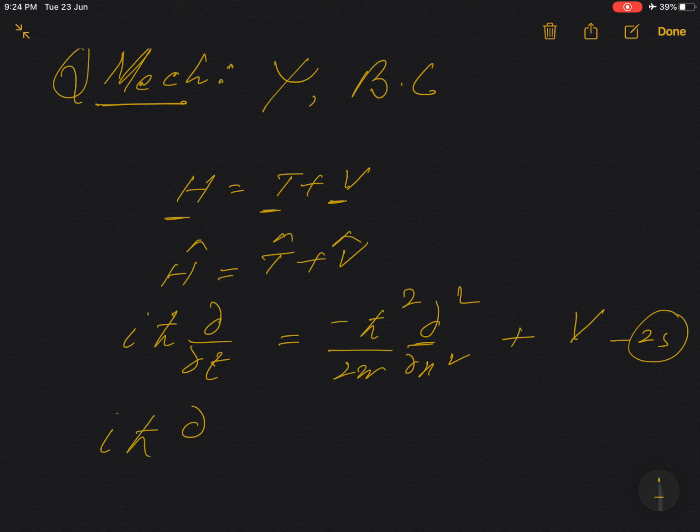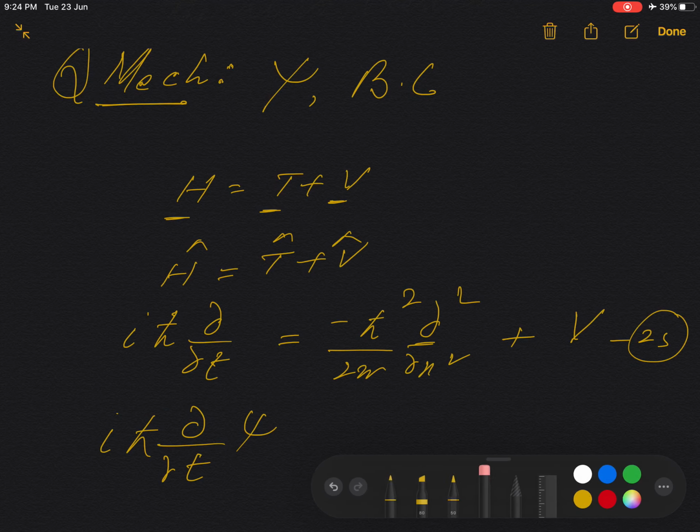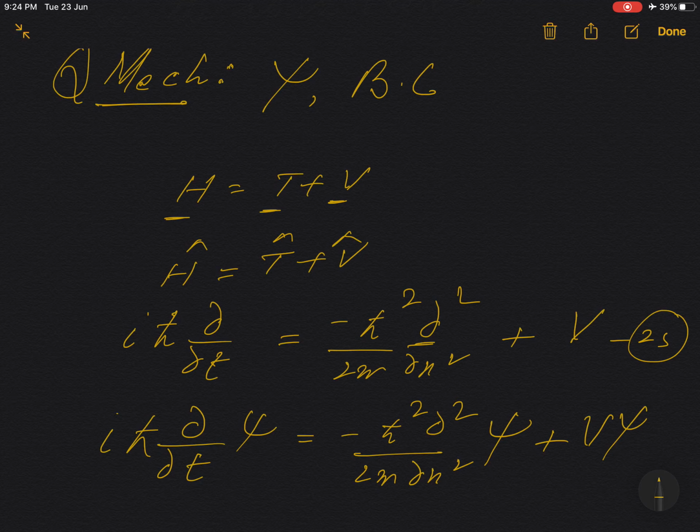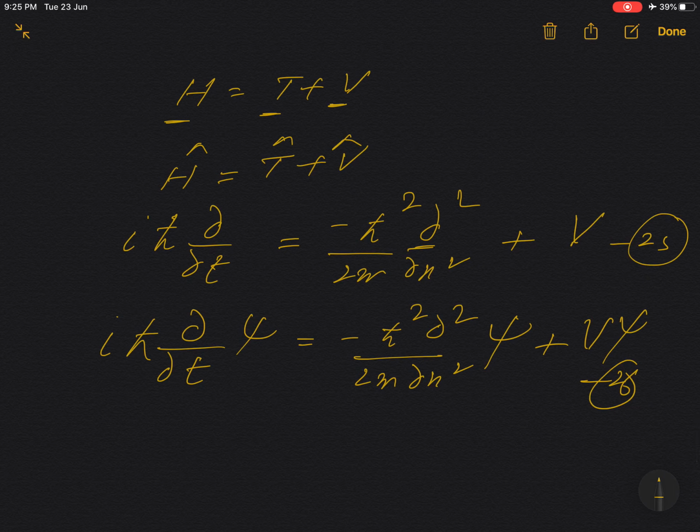So we need to put some function which is operating on them. It should be i h cross del psi by del t equal to minus h cross square upon twice m del square psi by del x square plus V psi, equation 26. This gives me total energy, this gives me kinetic energy, this gives me potential energy.